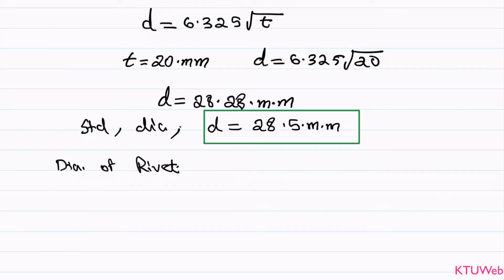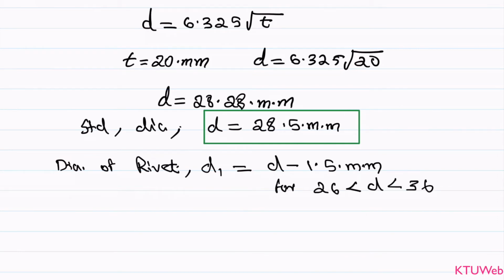The diameter of the rivet will be less than the diameter of the hole, and as per the standard, the diameter of the rivet, which we can denote as D1, is equal to D minus 1.5 mm. So the diameter is 1.5 mm lesser as per the standard.